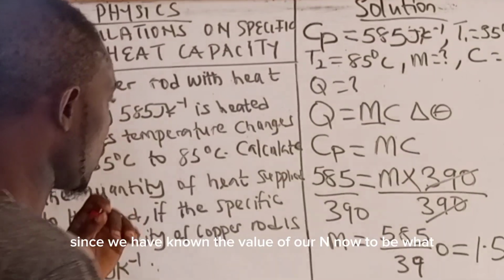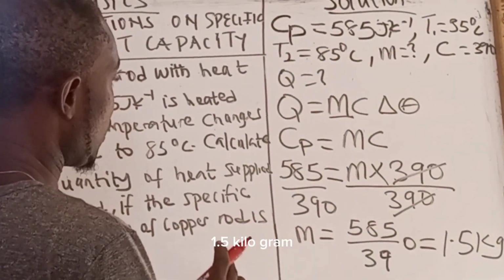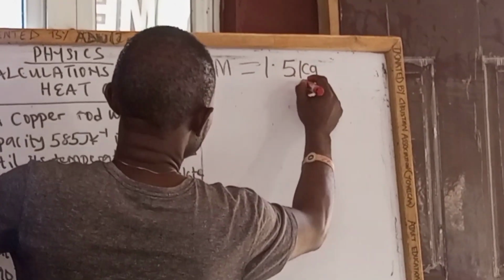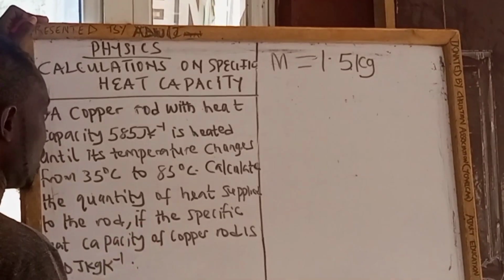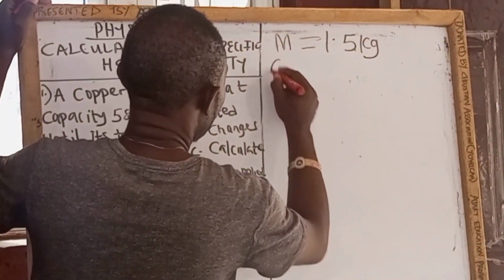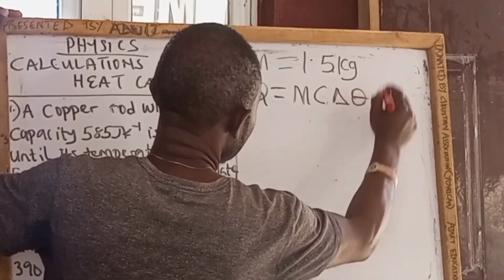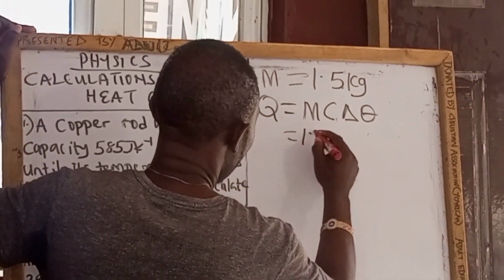So since we have now known the value of our M to be 1.5 kilogram, we can now go ahead to calculate the quantity of heat that is supplied to the copper rod. And the formula is Q equals MC delta theta. So we have our mass now to be 1.5.